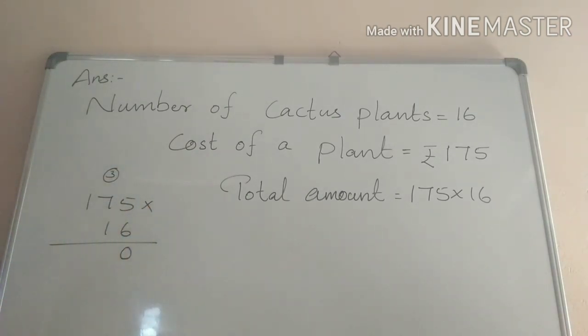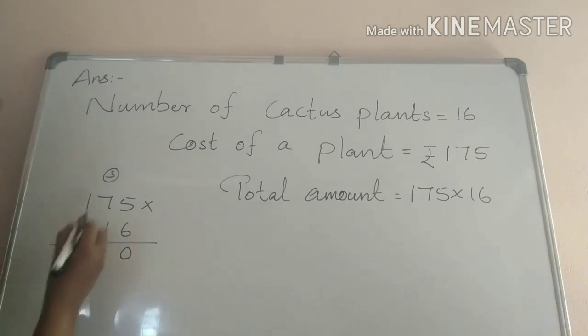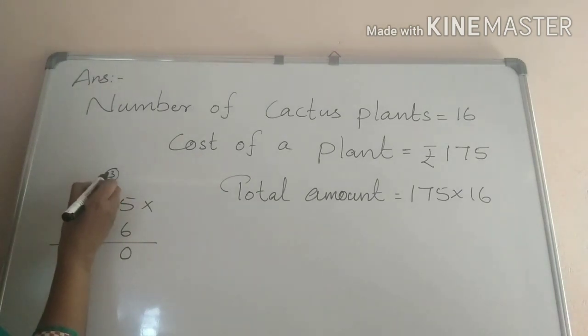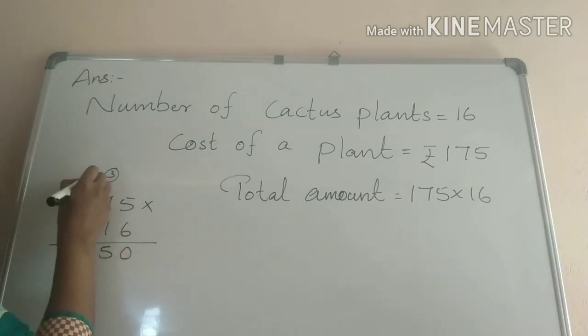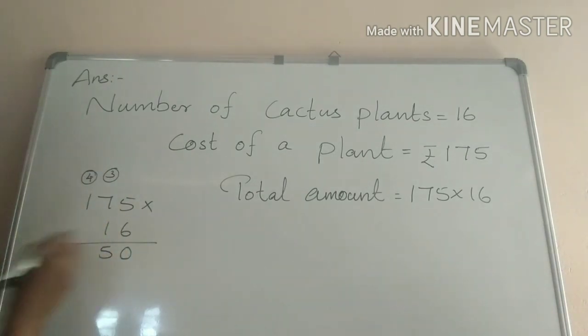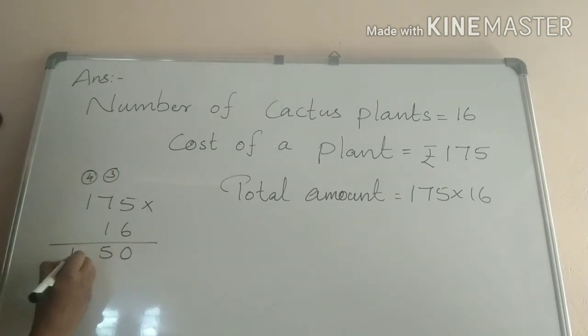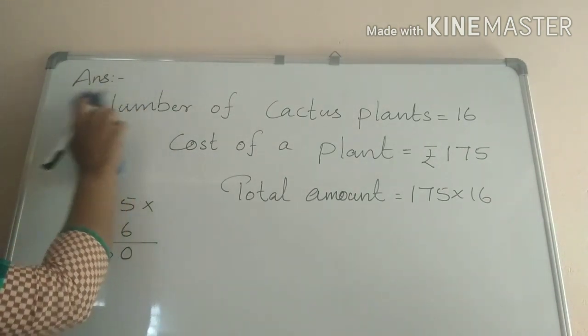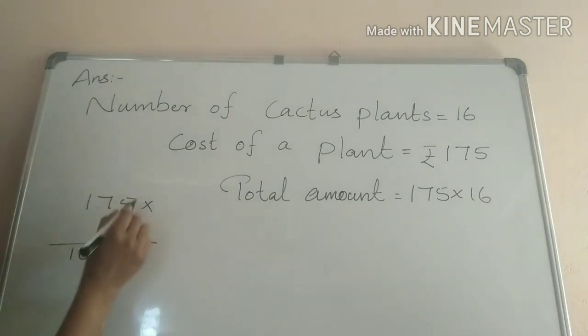Then 6 into 7, 6 sevens are 42, 42 plus this balance 3, 45. 5 is here, 4 is balance. Then 6 into 1, 6 ones are 6, 6 plus 4, 10. That is the answer. Then first we multiply this 6 into this multiplicand.